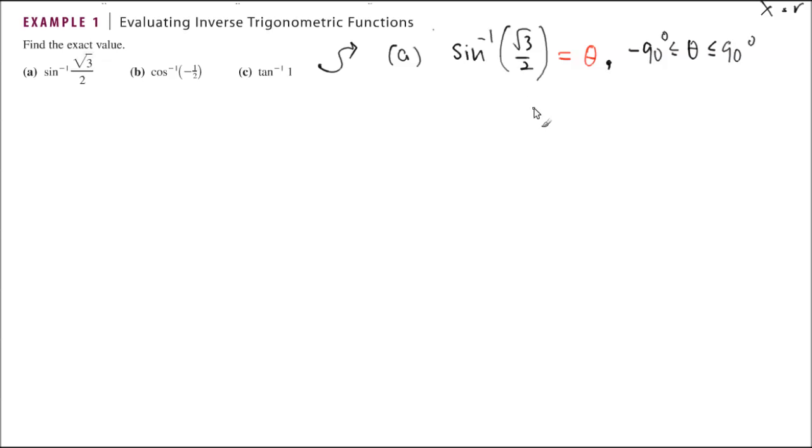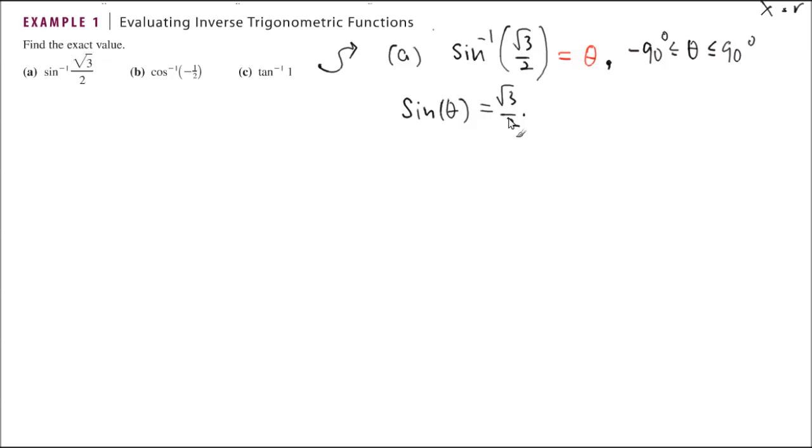Okay? When I was introducing this reverse process, I said the following. This is supposed to be the angle whose sine value is root 3 over 2. So algebraically it is really this: sine theta is root 3 over 2. Isn't that right? We're looking for that angle theta whose forward process gives you the ratio root 3 over 2. Correct?